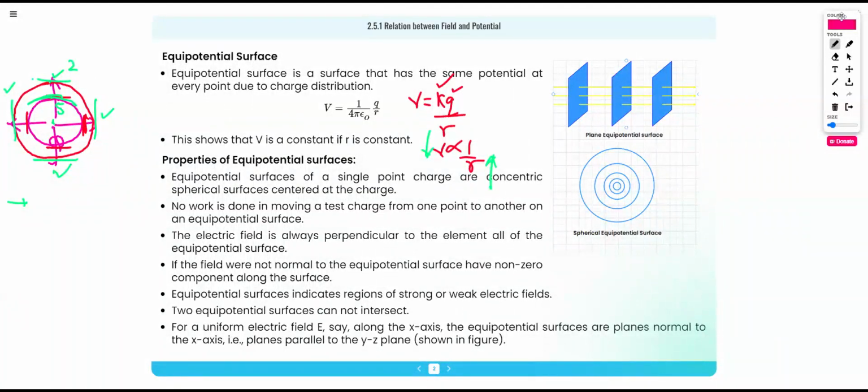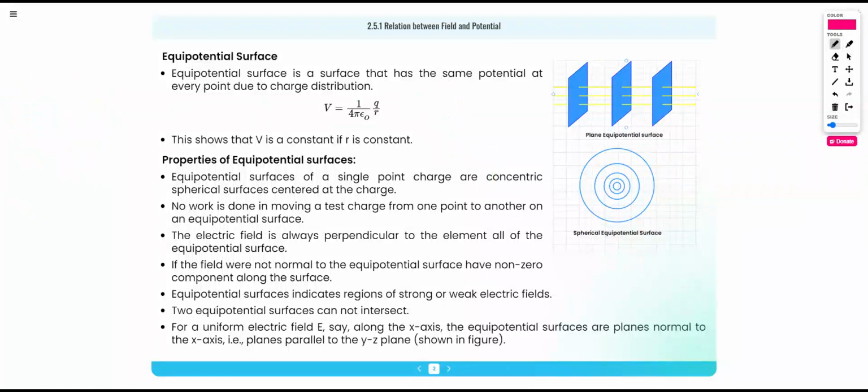I will give you some points. Let me explain once again. Here, here, and here our potential will be the same because the radius is not changing. But the higher potential will be inside.